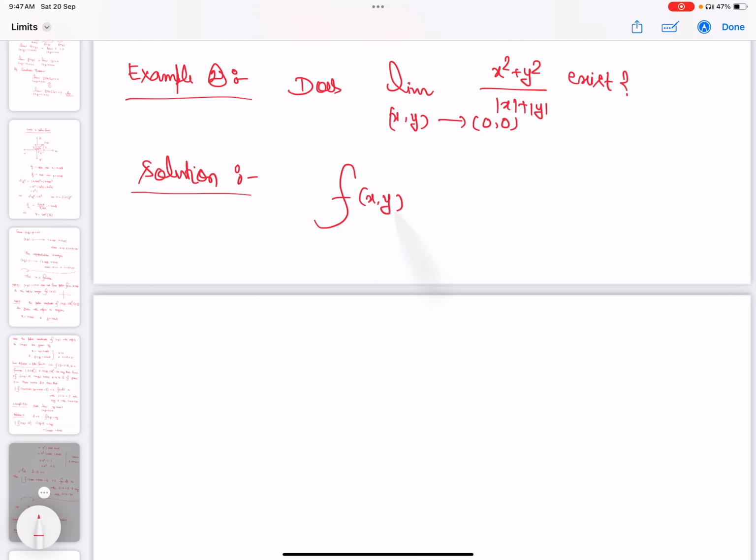So f(x, y) here is x square plus y square upon mod x plus mod y, and L is equal to 0. We will check L equal to 0.